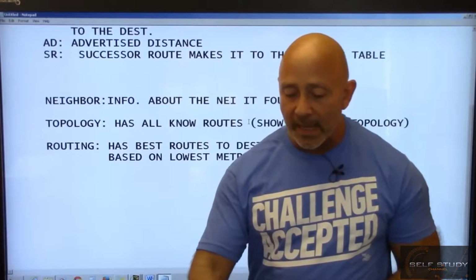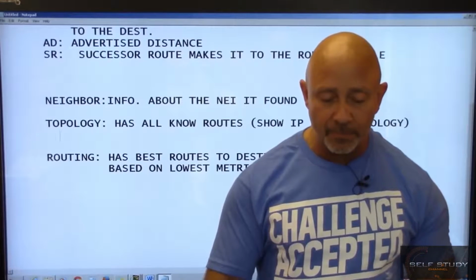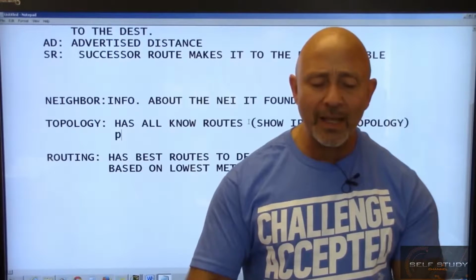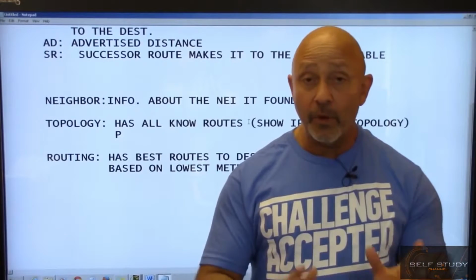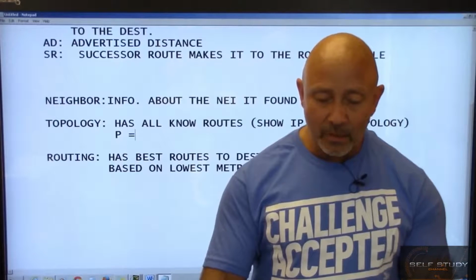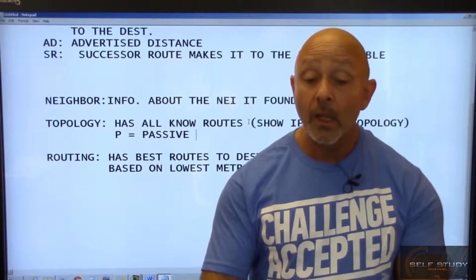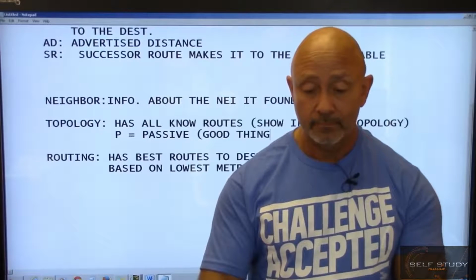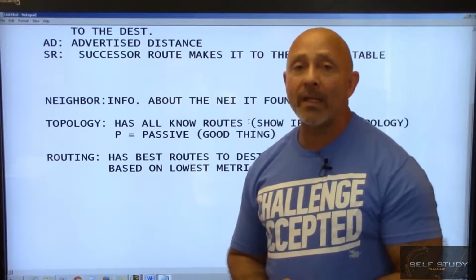One of the things you need to be aware of when you're looking at the topology table is that you see a letter P in front of all the routes. This equals passive. That's a good thing. You want to see it passive.